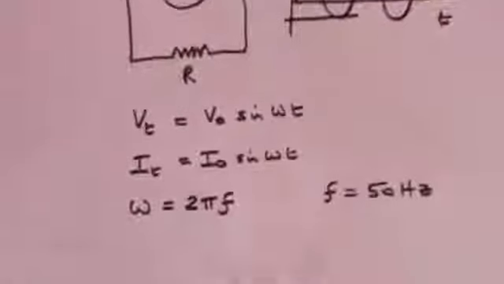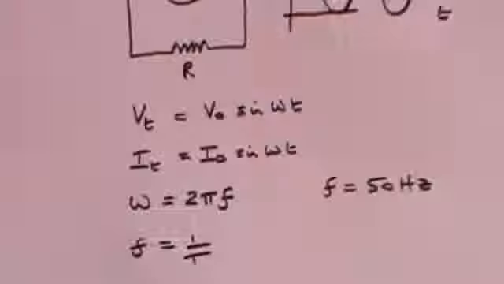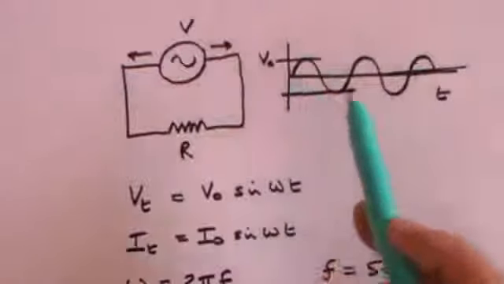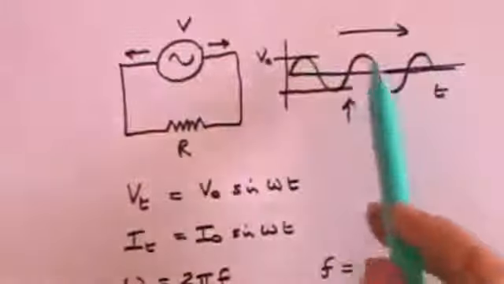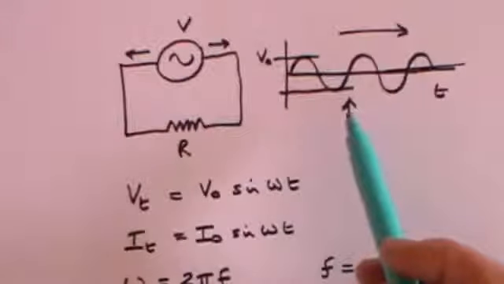We also know that frequency is 1 divided by the period. The reason is the frequency is the number of full waves which pass a given point. The waves are moving in that direction. The number of full waves that pass a given point in 1 second is the frequency.